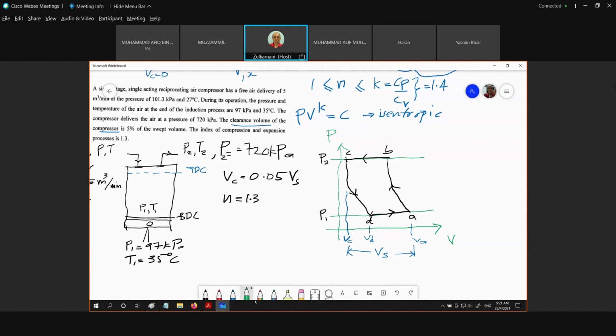This is our P. P should be higher than P1. T we cannot specify where, because this is a PV diagram. So this should be our diagram, and to complete it, this line and this line represent PV^n equal to constant.